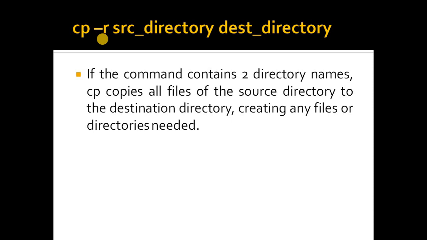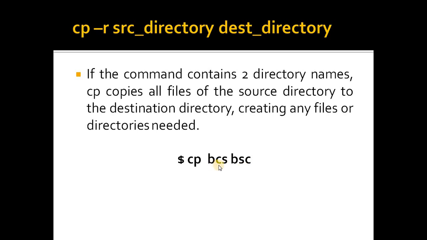cp behavior depends upon whether the destination directory exists or not. If the destination directory does not exist, cp creates it and copies the source directory recursively as it is. But if the destination directory exists, then the copy of the source directory becomes a subdirectory under the destination directory. So in this case, both these are directories.